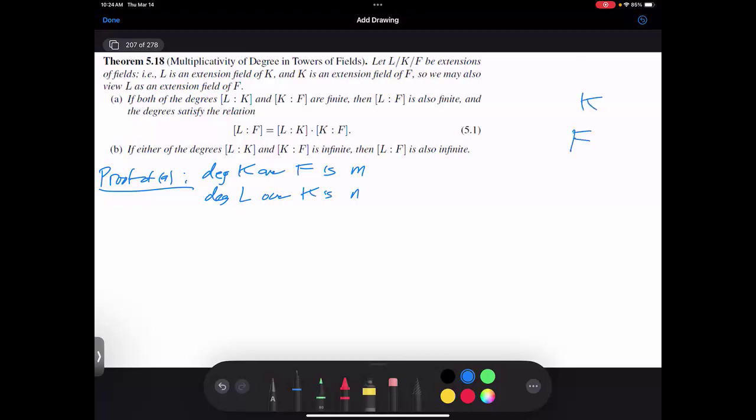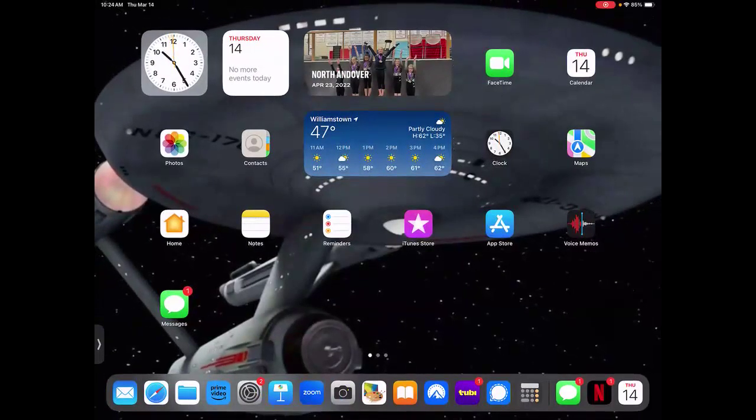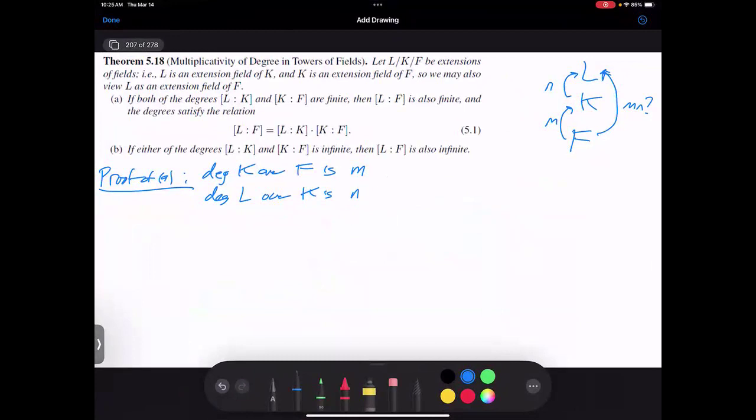Here's my K. Here's my L. It's going to be M to get to here, N to get to here. And we want to show that this is M times N.